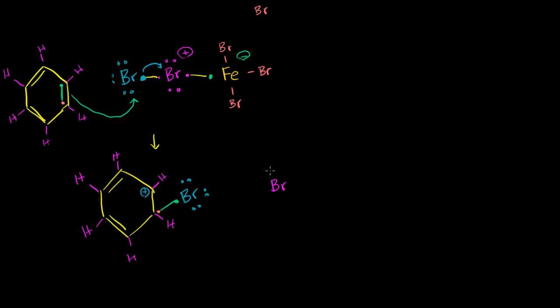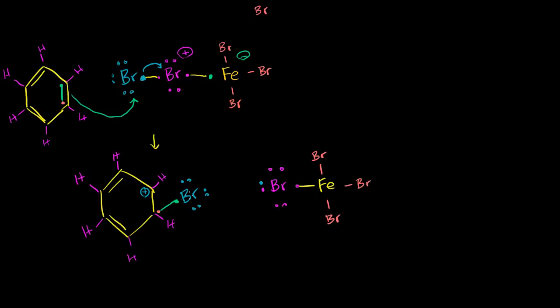So let's see, it had the 1, 2, 3, 4, 5, 6. Now it gained this blue electron, so now it's 7 valence electrons, back to being neutral. It's bonded to the iron bromide. We draw the bromines. 1, 2, 3.